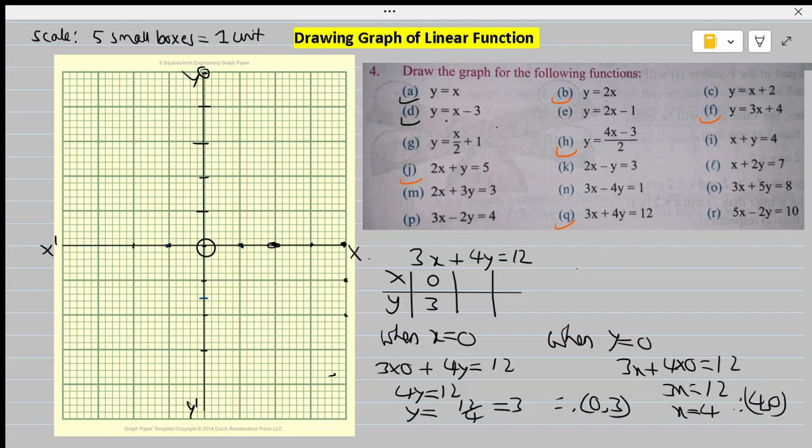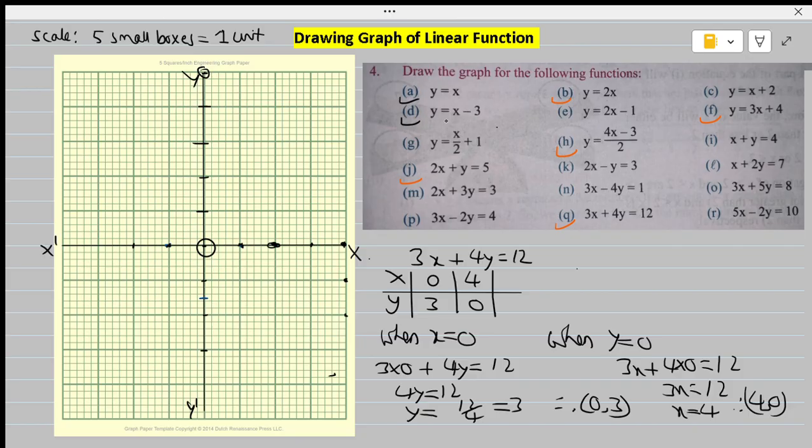Now if we are very sure that we have not made any mistake while identifying the points, just 2 points are enough to draw the line. But if you may have made a mistake that you can't identify with 2 points, be sure to take 3 points. So when x is 4, we are getting y 0. If you wish to take another point, you have to choose values of x or y so that when you send them to the other side, they get divided by either 3 or 4.